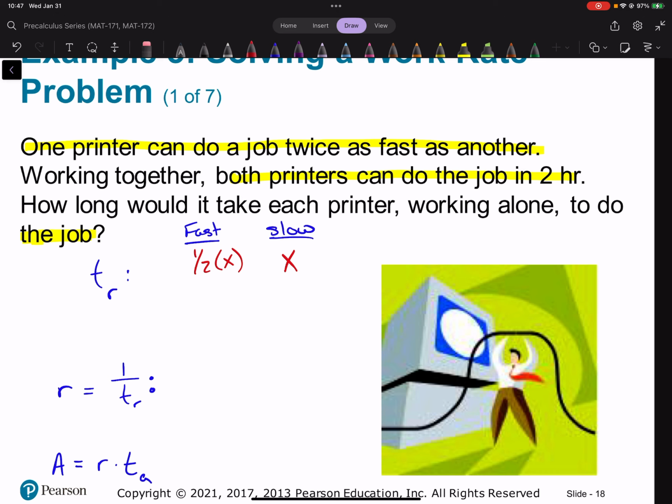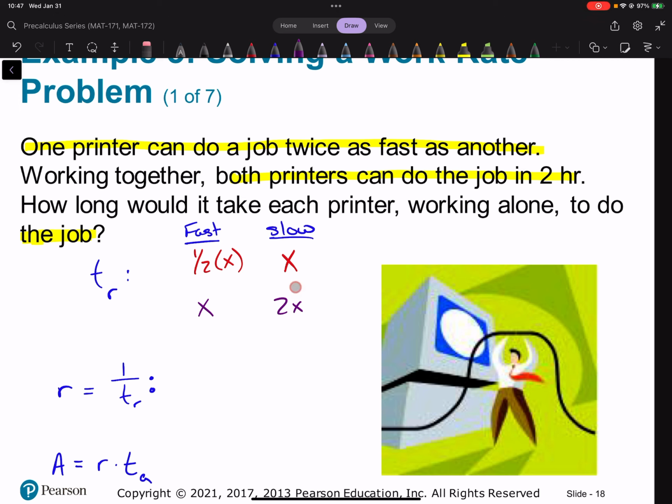So you can either make the fast printer X and the slow printer 2X, or set X as the slow printer and take half of that for the fast printer. This really depends on how you interpret the problem. Either one of these will work. I just want to provide a diverse amount of ways that someone could think about this type of problem.